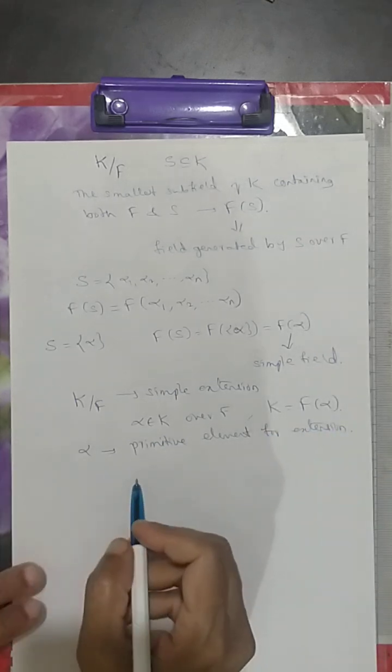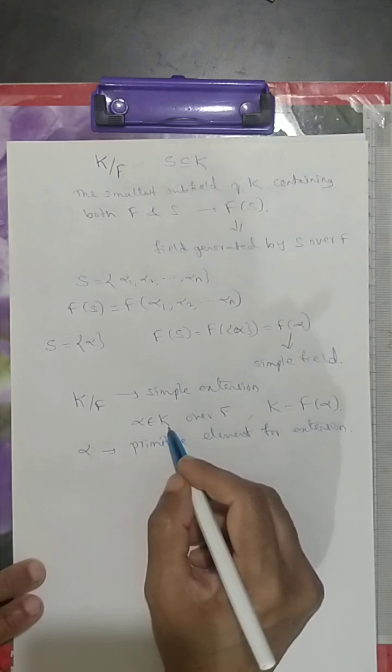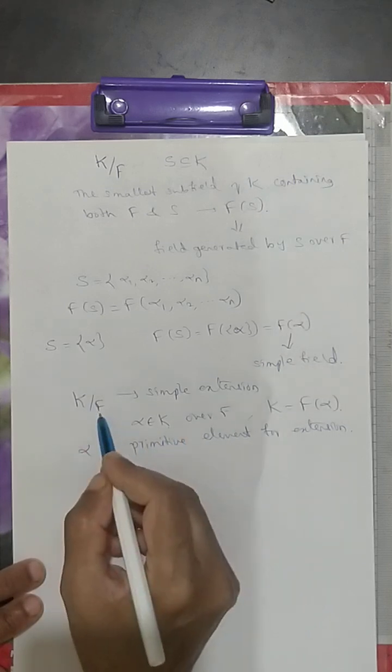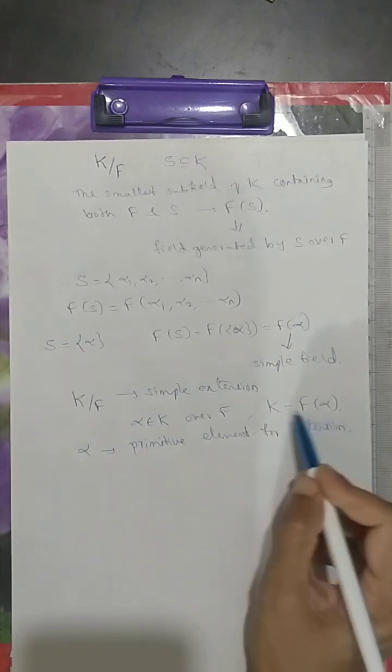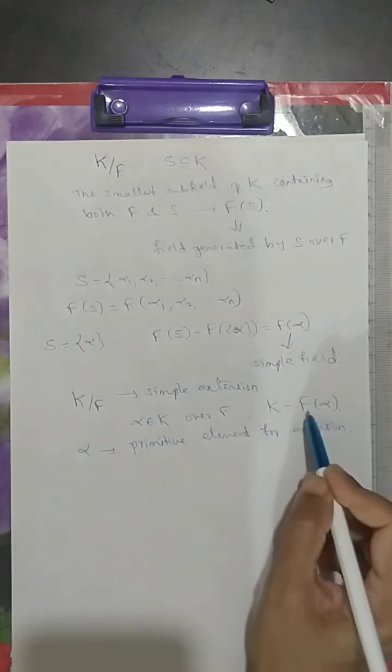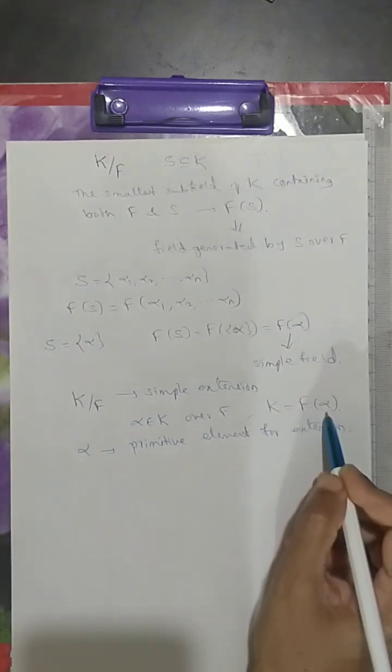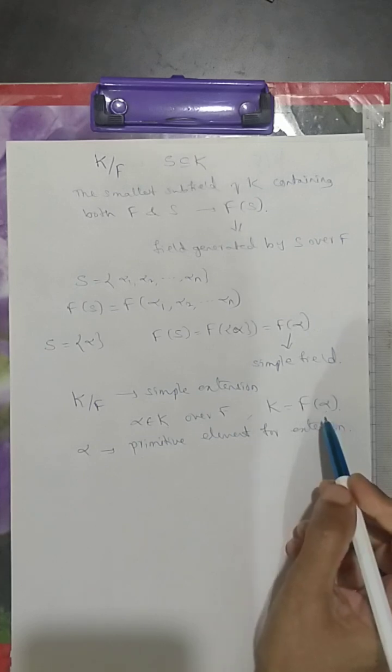Okay, and K is obtained from the field F by adjoining the element alpha. This extension is obtained from this field F by adjoining the element alpha here.